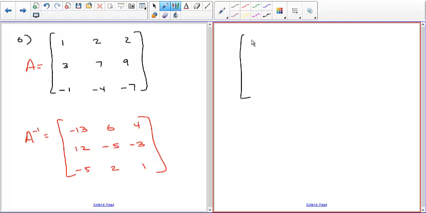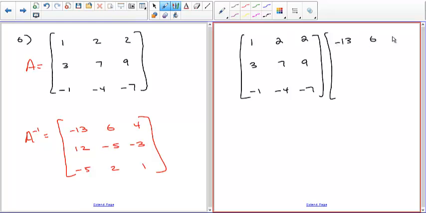So if we take matrix A and we multiply by its inverse, so we're not doing an augmented matrix here, we're actually multiplying them together. And you can multiply them together because this is a 3 by 3 and this is a 3 by 3, and because these two numbers are the same, it works.